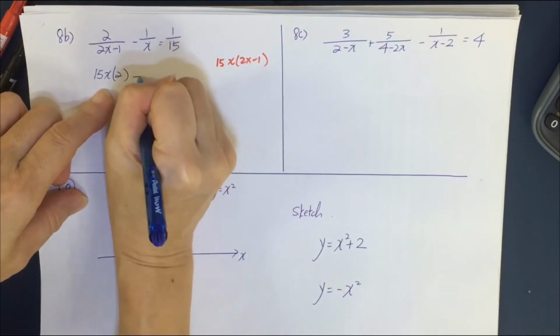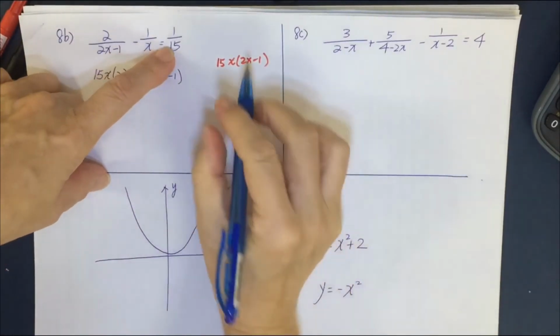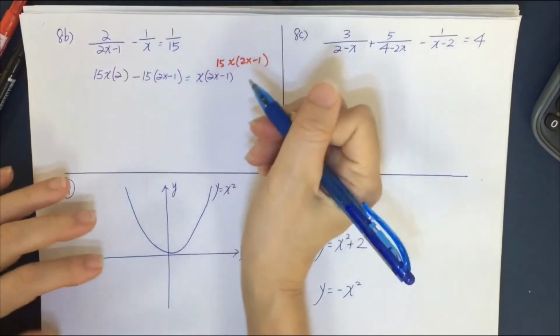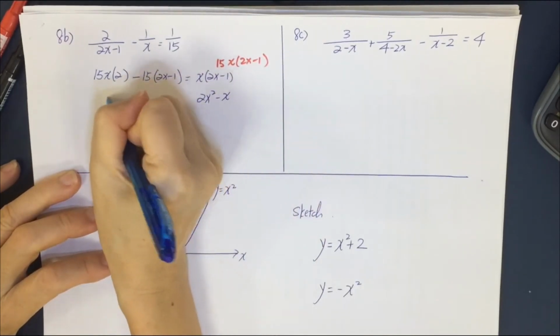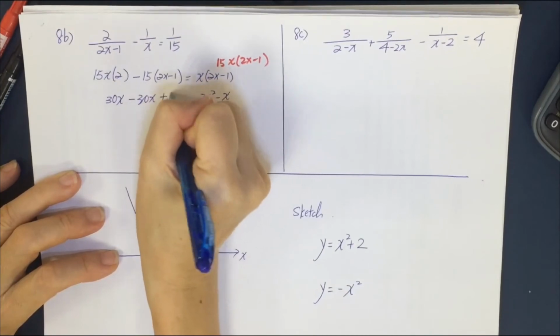For this one, I'm having 15 times 2x minus 1. And then for this one, I'm having x times 2x minus 1. So I have 2x squared minus x, and this is 30x minus 30x plus 15.